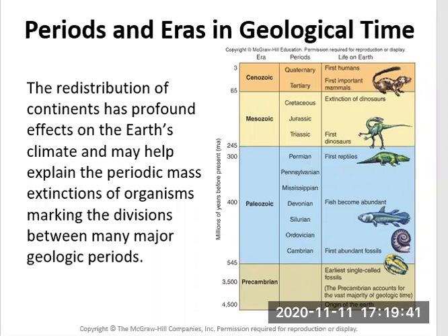Talking about the Precambrian era, life on Earth was early single-celled organisms. The Precambrian accounts for the vast majority of geologic time, from the origin of the Earth.